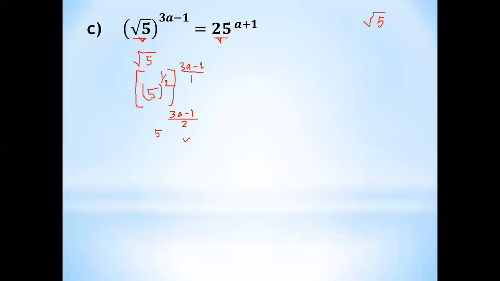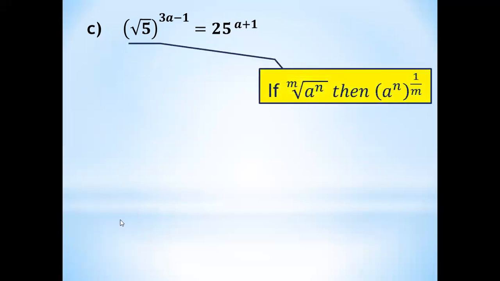Whereas we have already discussed that the right hand side can be written as 5 square to the power a plus 1. Okay, so you can see the same thing here. You can see in this box also, we have written that if the mth root of a to the power n is there, then it can be written as a to the power n whole to the power 1 by m.